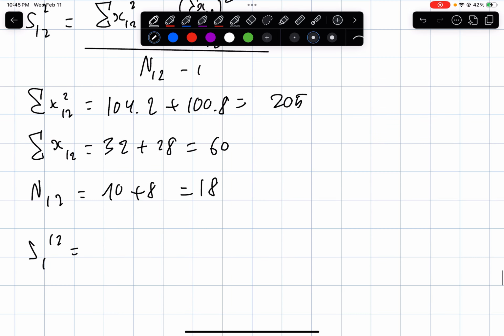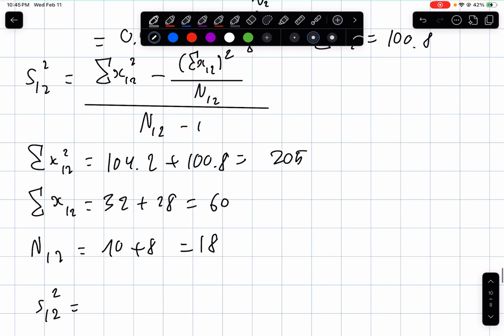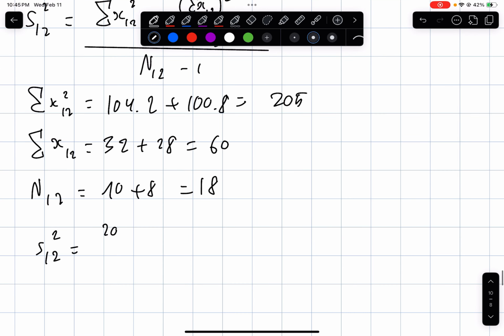The variance of our combined samples 1 and 2 is going to be 205 minus 60 squared over 18, all of that over 17, because it's n1,2 minus 1.